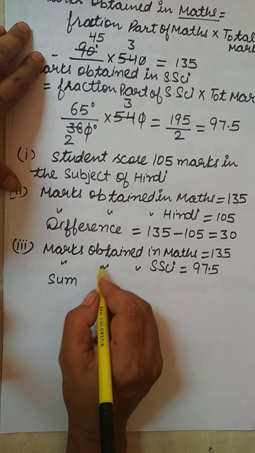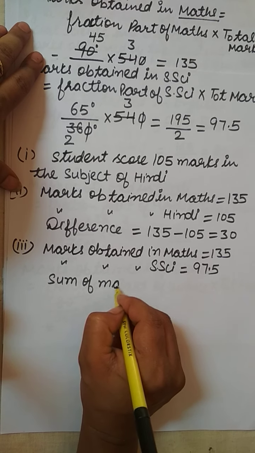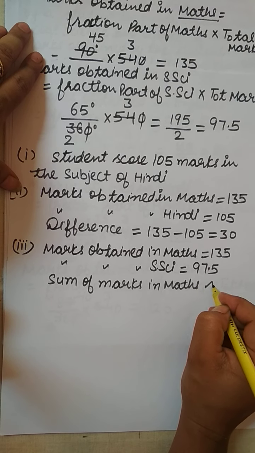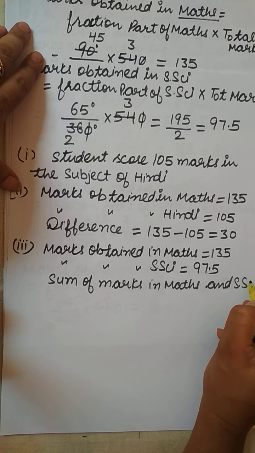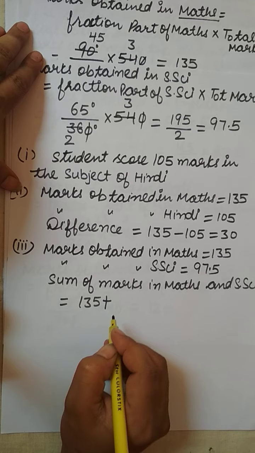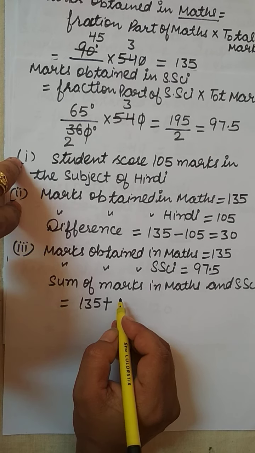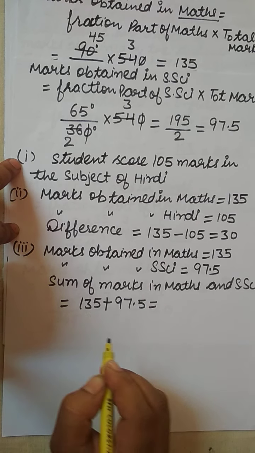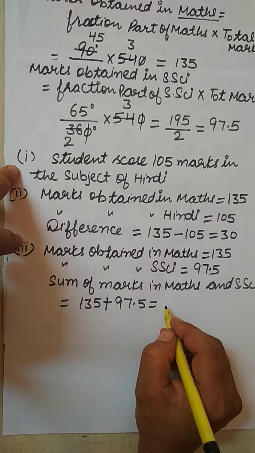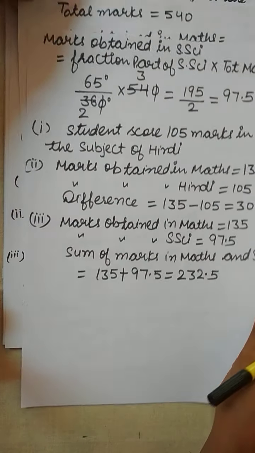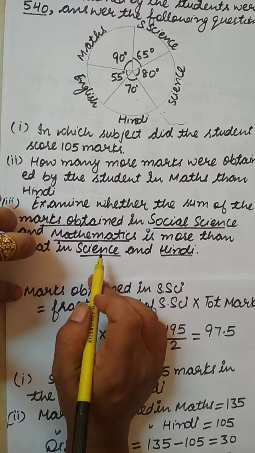Sum of marks in maths and social science will be equal to 135 plus 97.5, that is equal to 232.5.